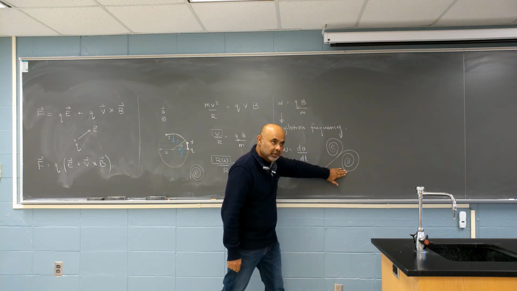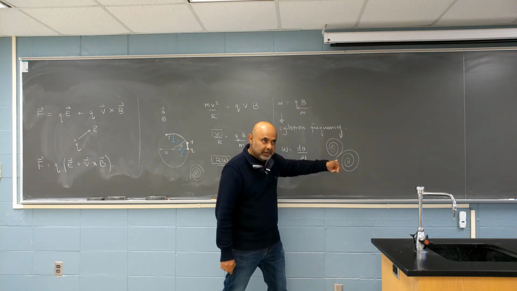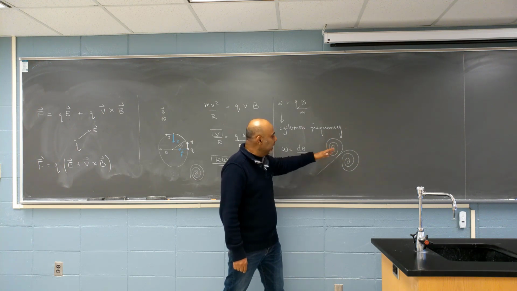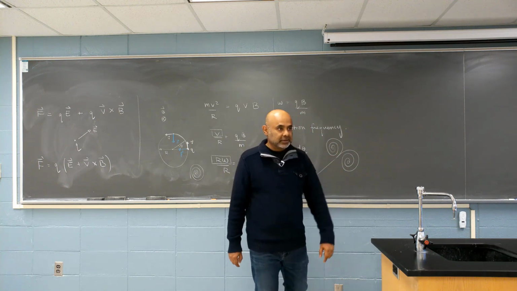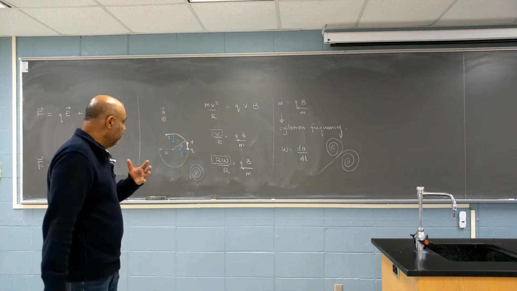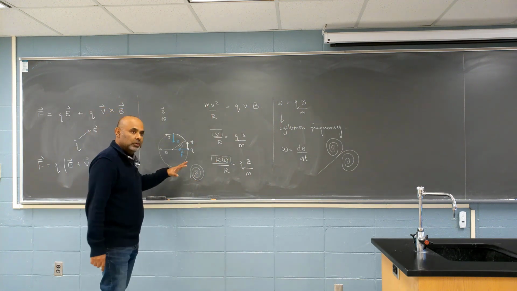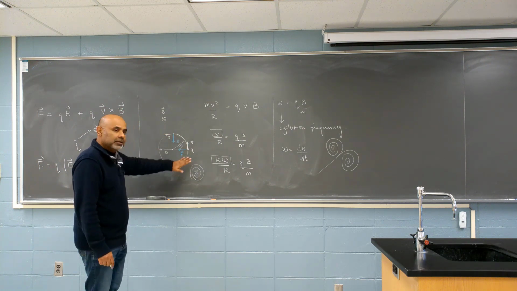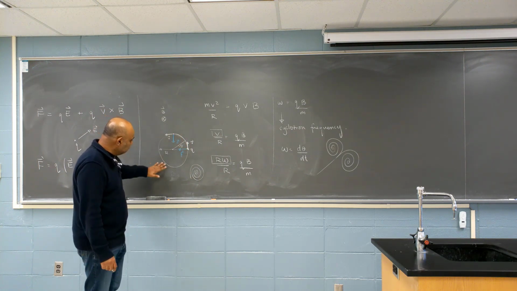One is positively charged, feels the force one way. The other one is negatively charged, feels the force the other way, and it spirals as it loses energy. Okay? But at this point, from what we have learned, we have no way to include those effects. So we're considering it that it's just moving this way.